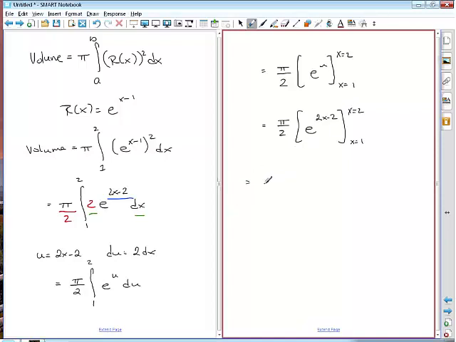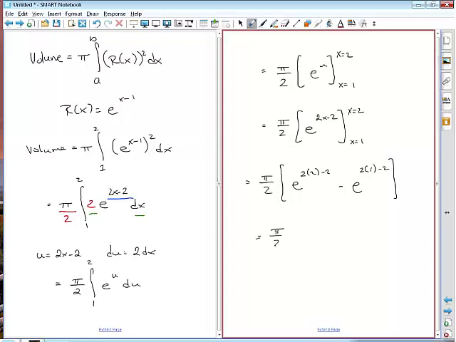And finally we plug the numbers in. So what we have is pi over 2 times e, and we plug in 2 for x, so we're going to have 2 times 2 minus 2. And our lower limit, we subtract, so we're going to have 2 times 1 minus 2.